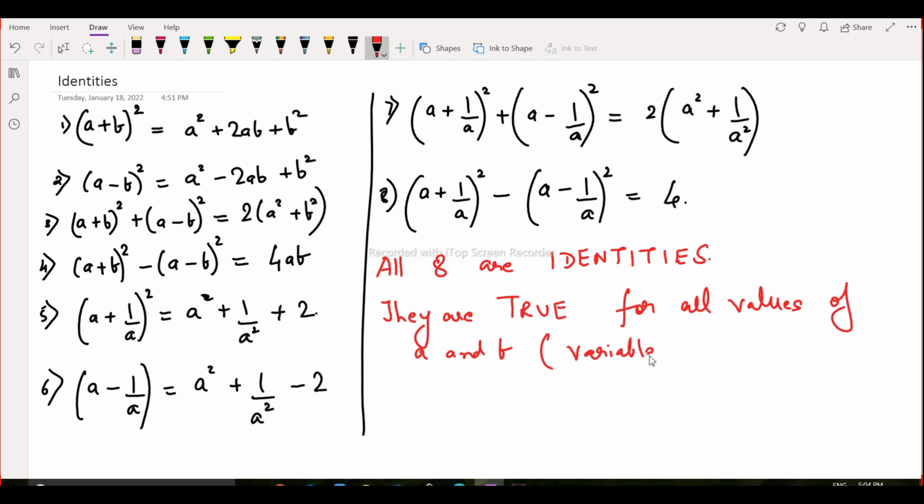So no matter what value of a or b you put, you'll get the same answer, right? Obviously, in this formula, a should not be equal to 0. In this formula, a should not be equal to 0, because then the 1 by a term will not be defined.